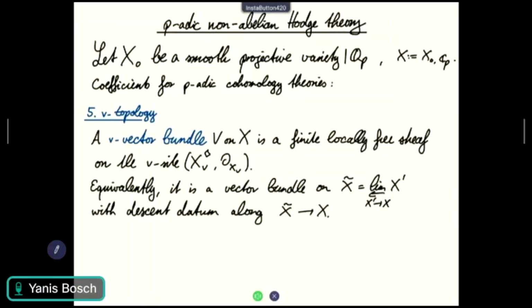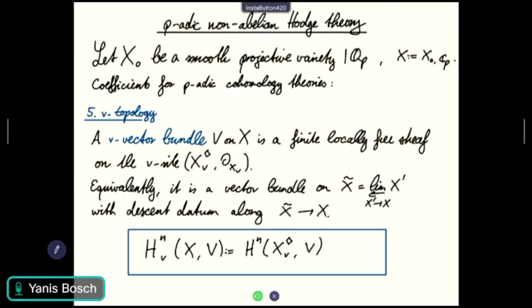And if we just allow this universal cover to exist, if we admit this as a concept, then this gives an easy way to say equivalently what a v-vector bundle is, namely it's just a usual vector bundle, whatever that means, on this space X tilde, together with a descent datum along this universal cover.